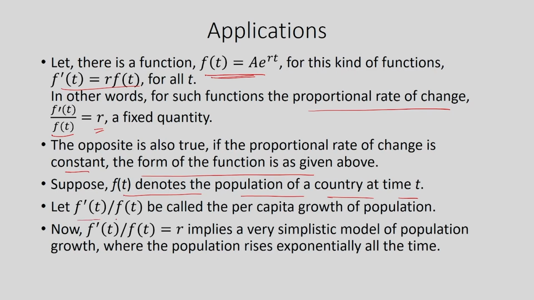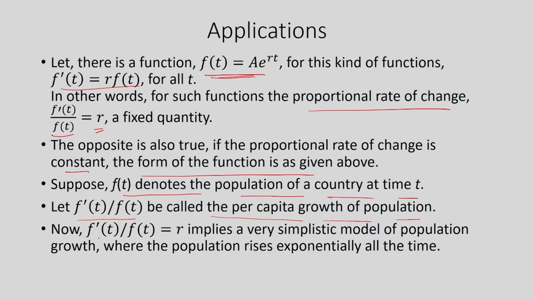Now, what is f dash of t divided by F of t? We can call this the per capita growth of population, or per capita rate of change of population. I am taking the f dash, which is the change per unit of time, and I am dividing that by the original population. So, that will give me the per capita growth rate of population.